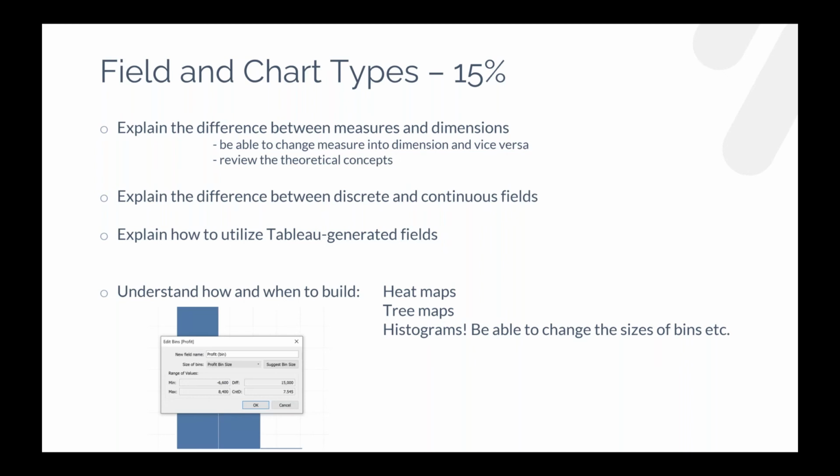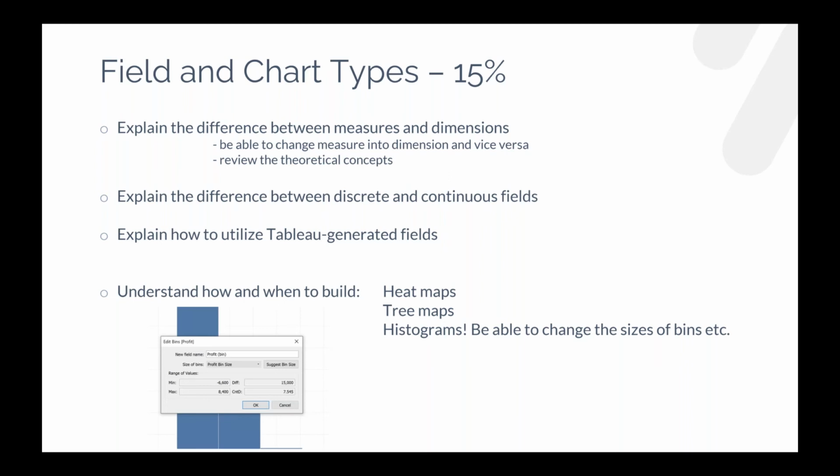You will be asked to create a histogram, and then they say, okay, but we want a bin size of this value, and your task is to answer, for example, an average profit of the bin size between 5 and 5,500, something like that.